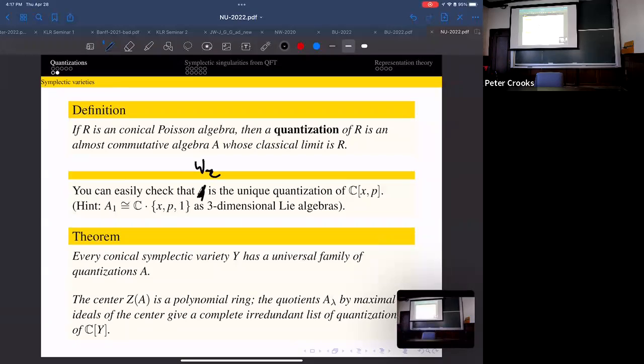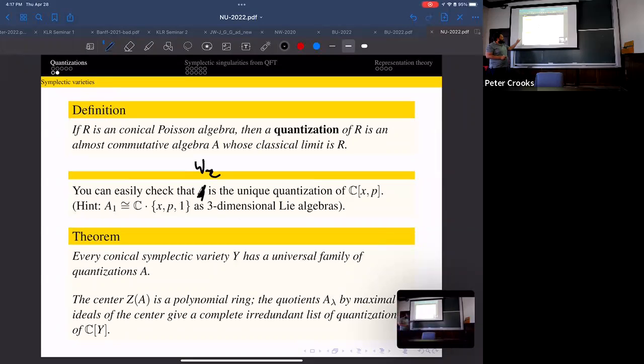I think the parameter n is built into the Poisson structure because I have a grading, and the degree of the Poisson structure is minus n. So starting with the Poisson algebra, I already have n built in. And so at any quantization, there's going to be a filtered isomorphism to the Weyl algebra. Basically, you think about the Weyl algebra as a quotient of the universal enveloping algebra. It's 3-dimensional. All right, cool.